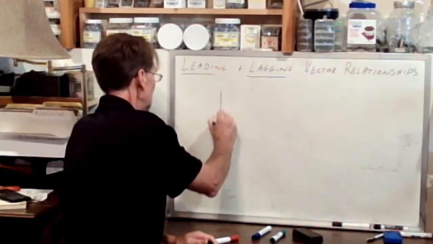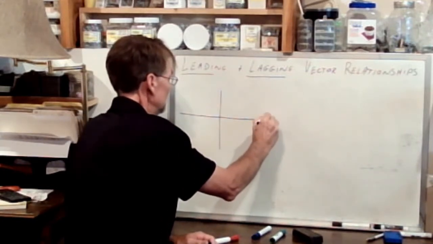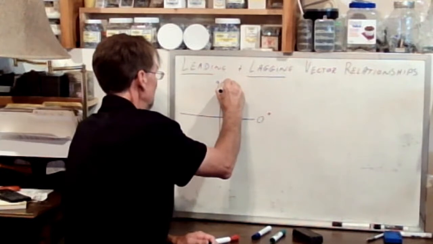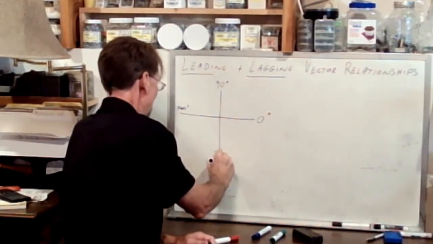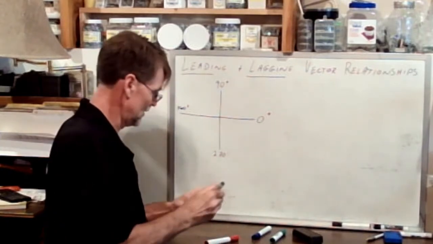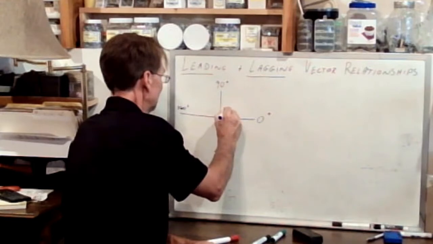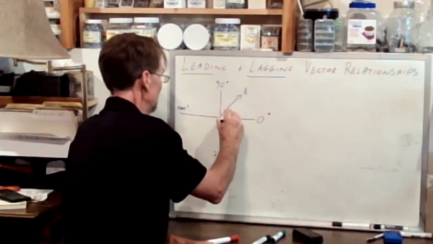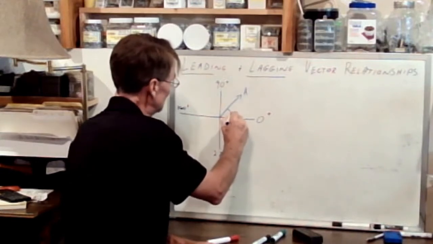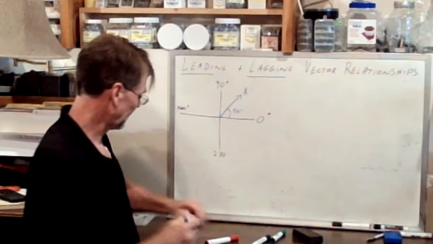So, let's draw our grid: 0 degrees, 90 degrees, 180 degrees, and 270 degrees. And let's use blue. Let's call that vector A with the direction of 50 degrees.